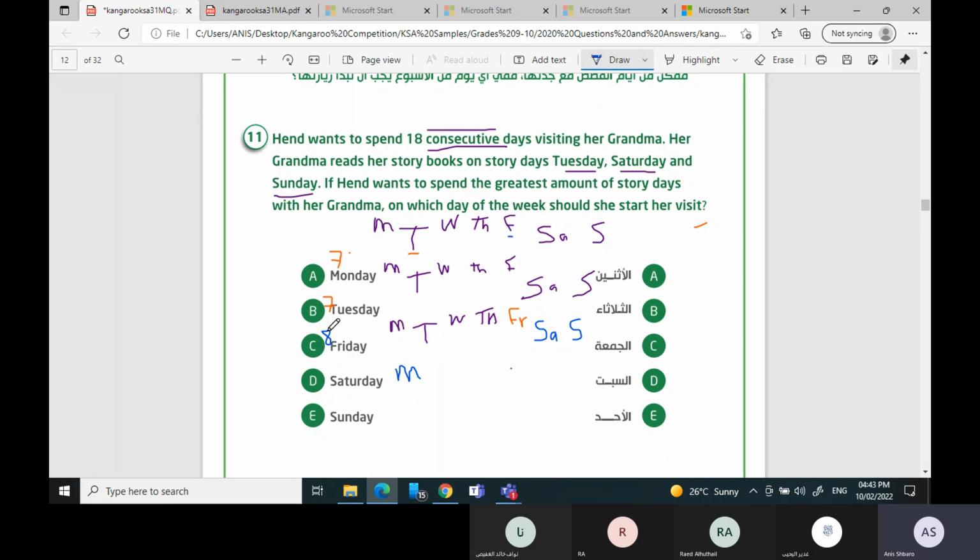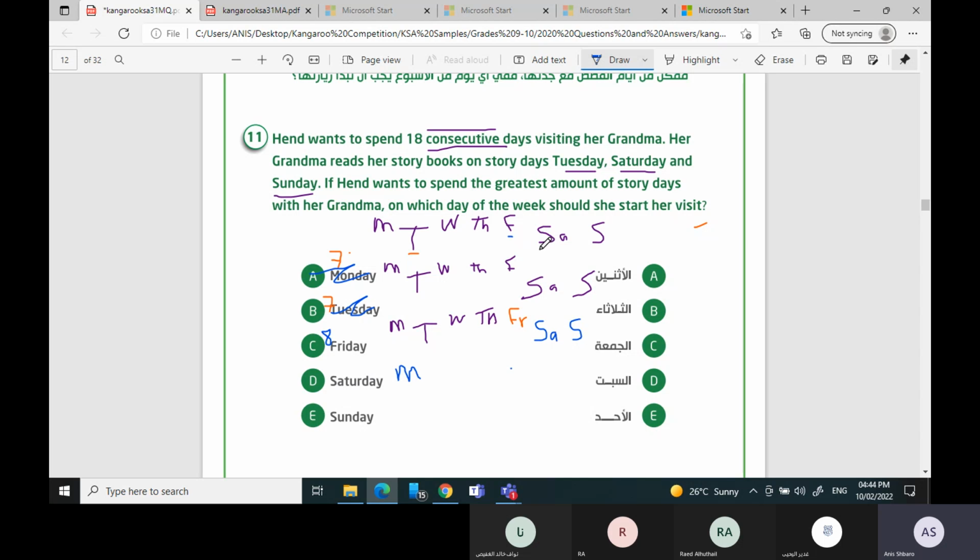So Friday is bigger. So I'm going simply to take off the Monday and Tuesday. Now I'm left with 3 choices. Of course, maybe it's fair for me to choose randomly between Friday, Saturday, Sunday, because of 33.34% to get a right answer. But we will continue what we started here.